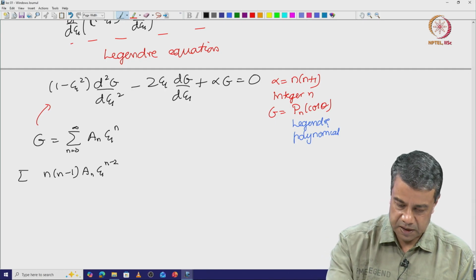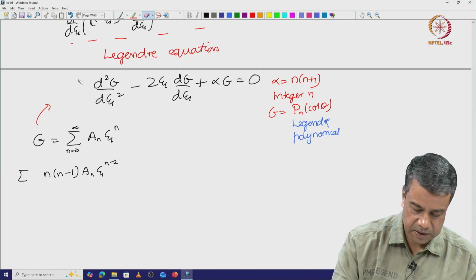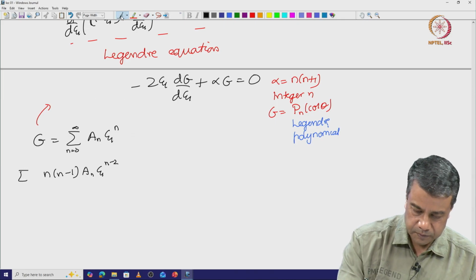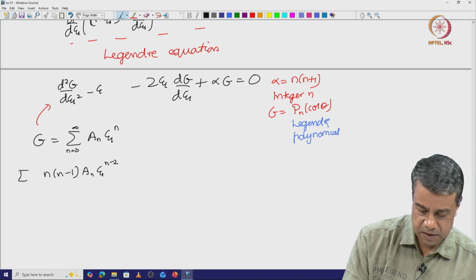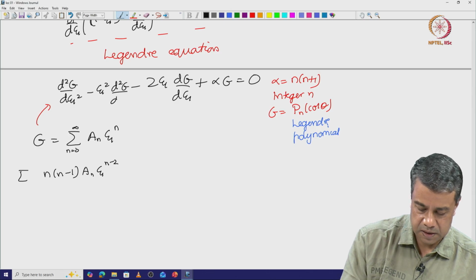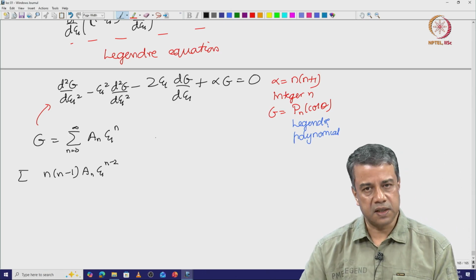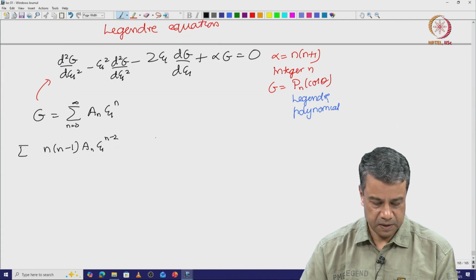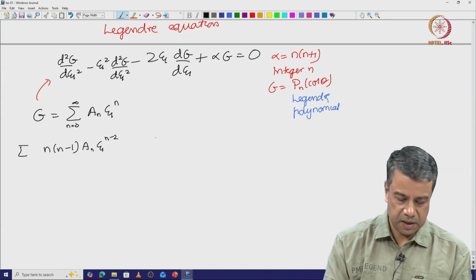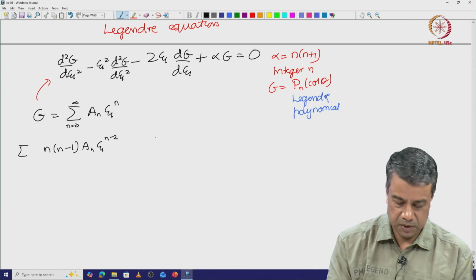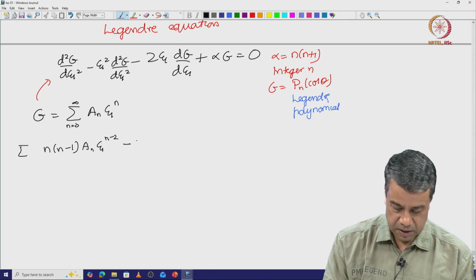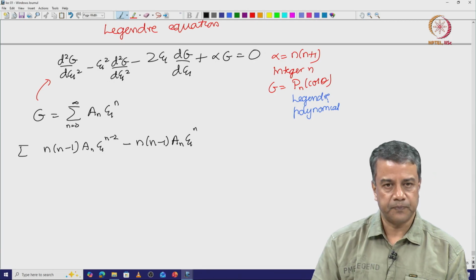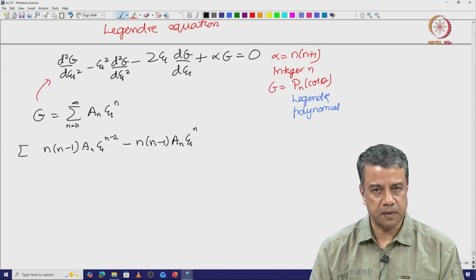So, I can expand out this term as d square G by d psi square minus psi square d square G by d psi square minus 2 psi times dG by d psi plus alpha G. Substituting, I get n into n minus 1 a n psi power n minus 2 minus the same thing multiplied by psi square, n into n minus 1 a n psi power n.